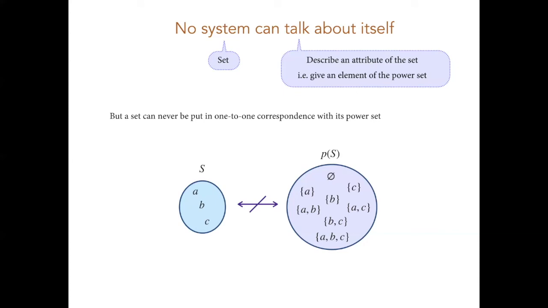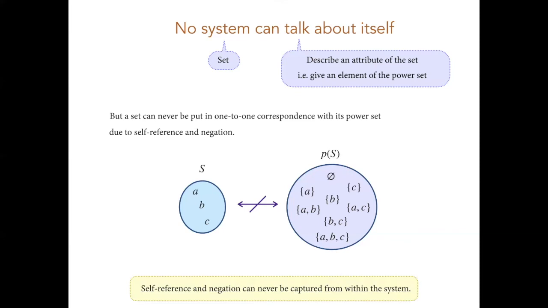And the reason it doesn't work is because of self-reference and negation. So if you wrongly assume that there is such a surjective map, you can always build this attribute of self-reference and negation, and this will always be outside the system. So this property of I'm a liar can never be captured, meaning can never be understood from within the system.